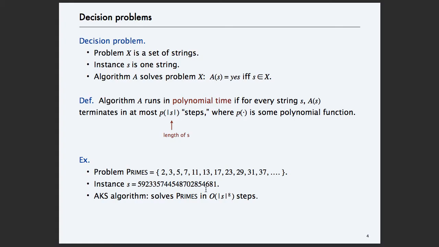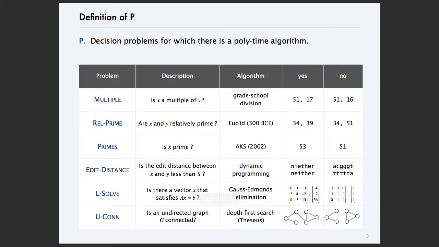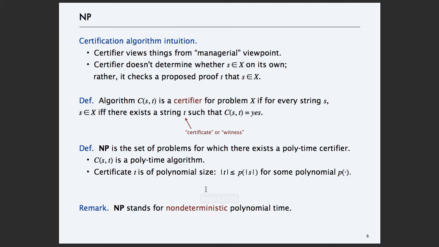So what can you give me as a witness? Just give me a number that divides, right? And so my algorithm, my certifier now becomes a lot easier. I just check: does the witness that you gave me divide the instance of the problem that you gave me, right?